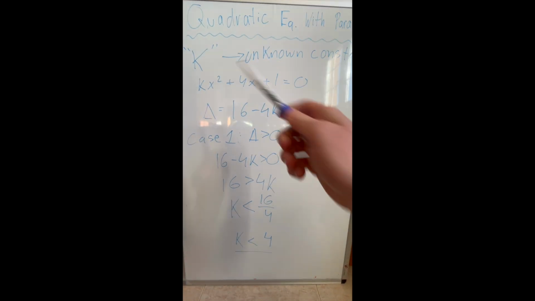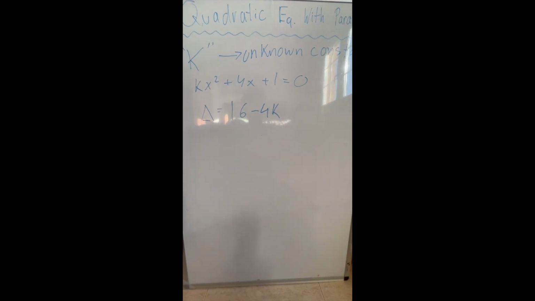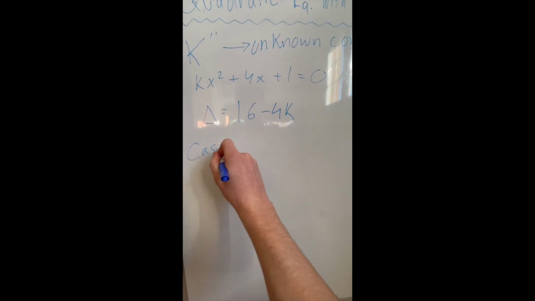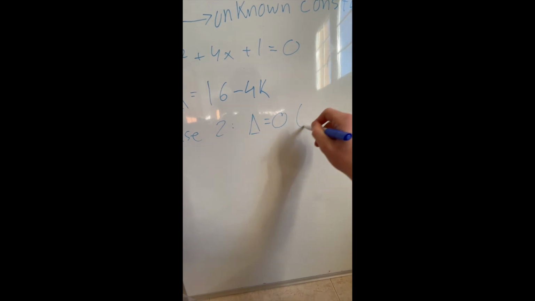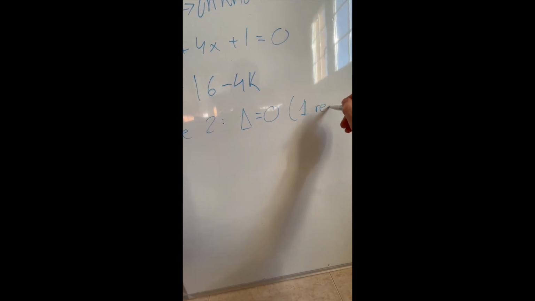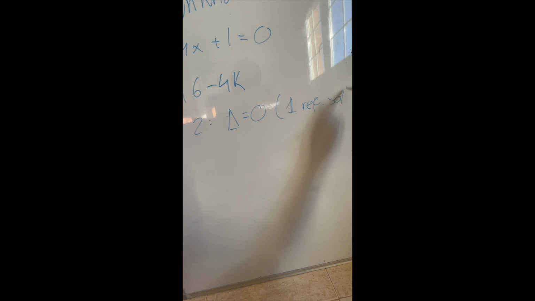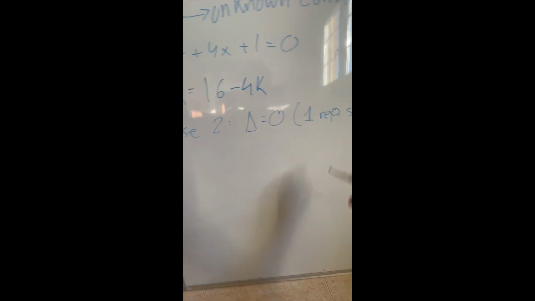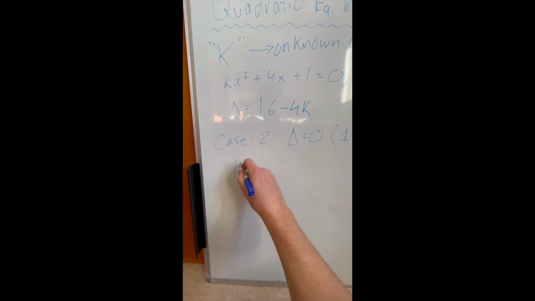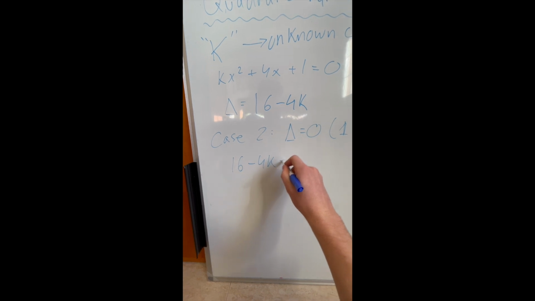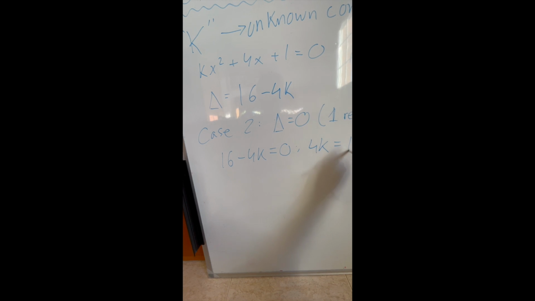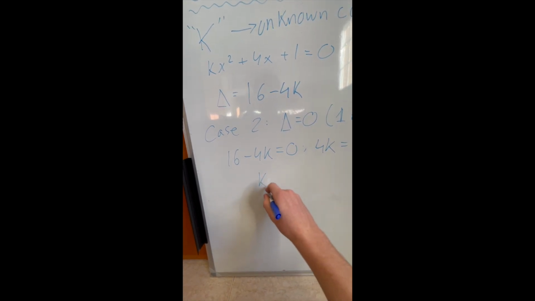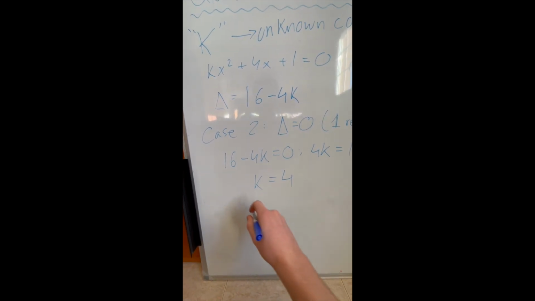Now for our second case, case 2, discriminant is equal to 0, 1 repeated solution. Let's solve this. 16 minus 4k is equal to 0. 4k is equal to 16. k is equal to 16 over 4, which is 4.